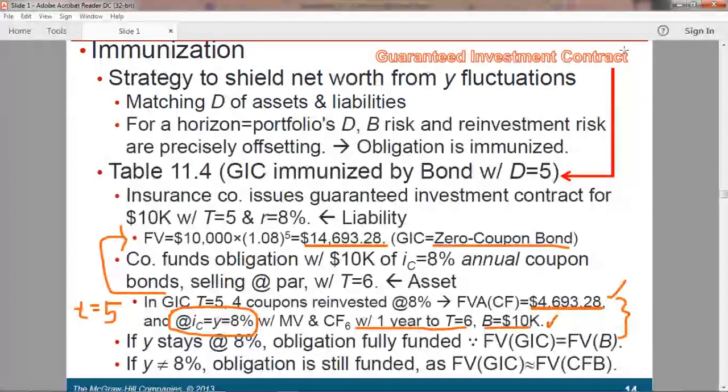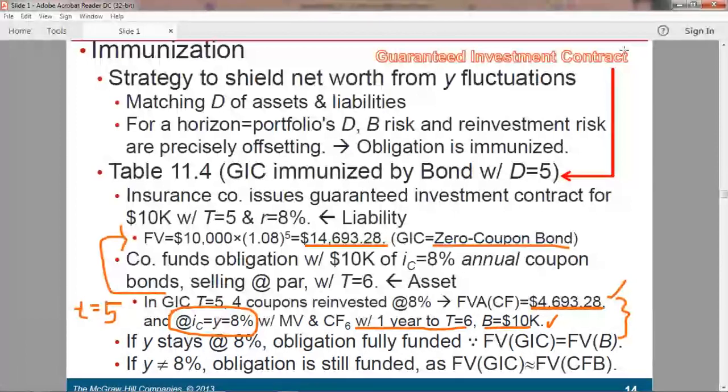But how do you then match exactly? If your liability matures in 5 years, so your timeline is 5.